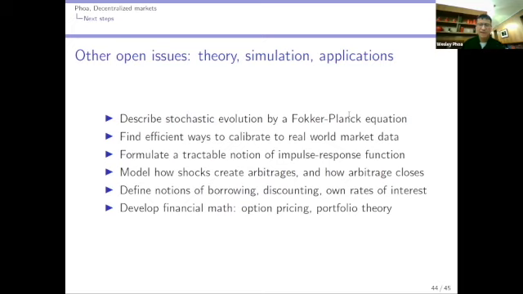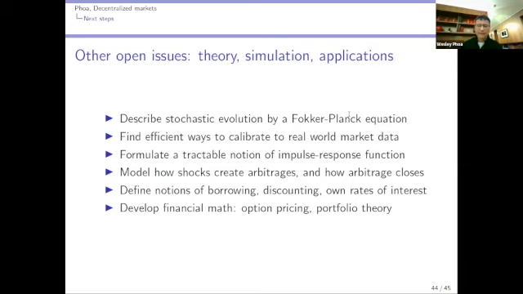One thing that's missing from all of this, but that's very important in the real world, is that you can borrow assets, you can lend them, you can hold on to them, and they have some intrinsic rate of return over time that can differ from each other. And so it would be nice to figure out how to build that in as well, although that's probably going to be quite complicated.